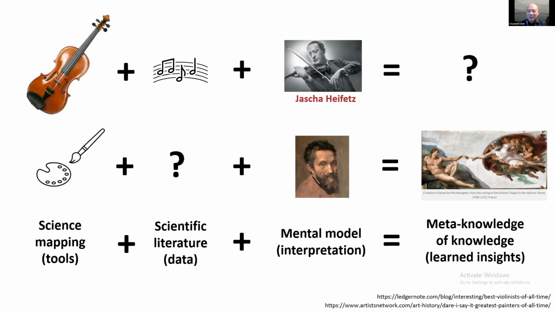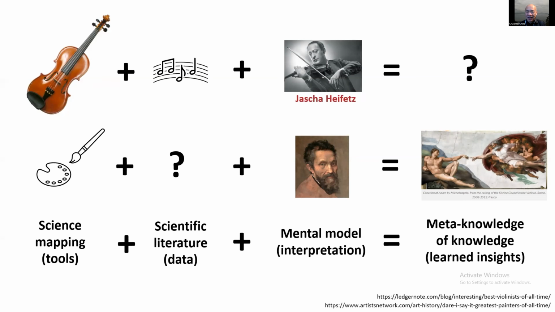The other factor I would like to emphasize today in particular is the role of mental model. The role of mental model serves the purpose of interpreting, of making sense of what we're seeing. What can we learn from these kinds of maps or this kind of visualization? Put them all together, and what we get is what I want to call meta-knowledge of knowledge.